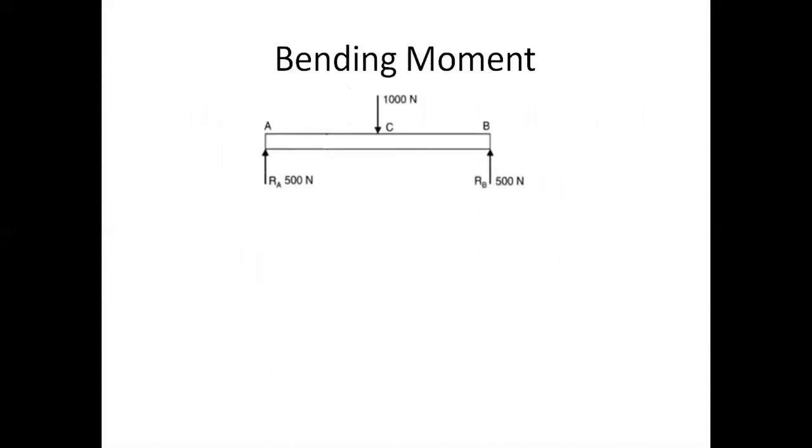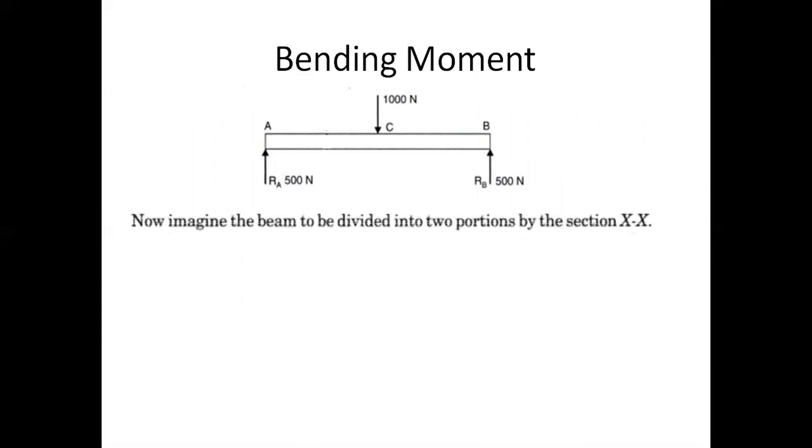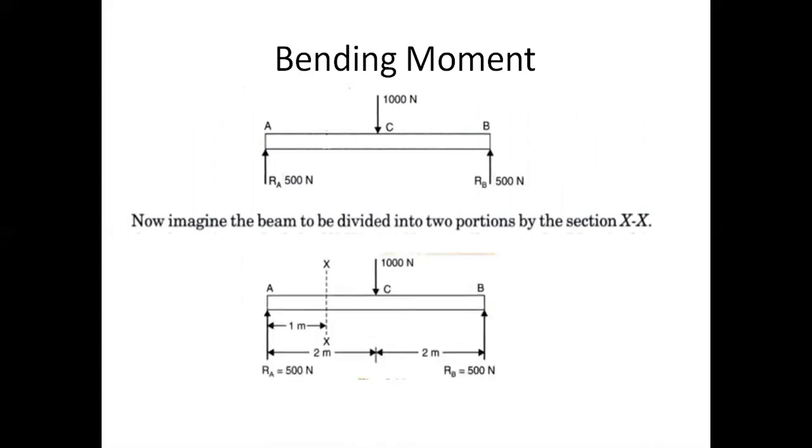To understand a bending moment, let us take the same beam, a simply supported beam with a point load at the center, that is 1000 newtons. We know that the reactions are 500 newtons each. Already we have seen this. Now imagine the beam is divided into two portions by section XX. Here is the XX section.